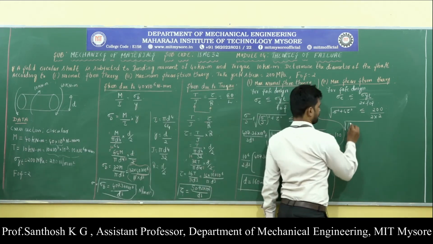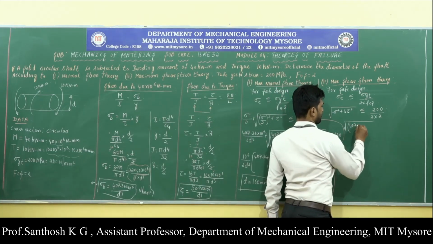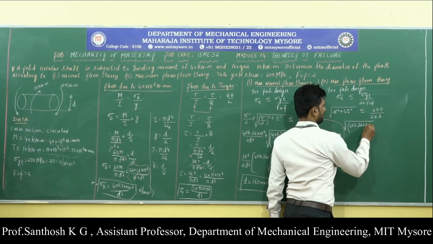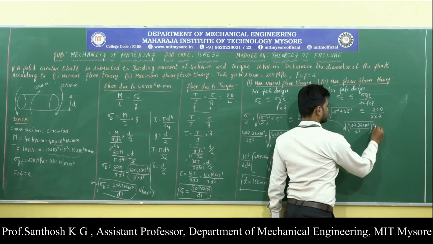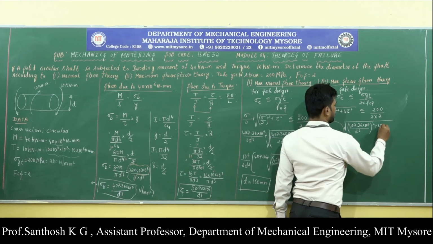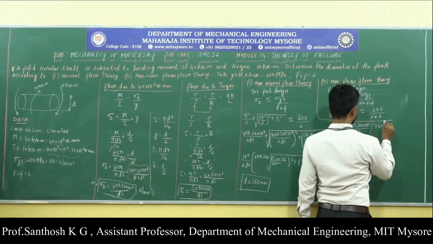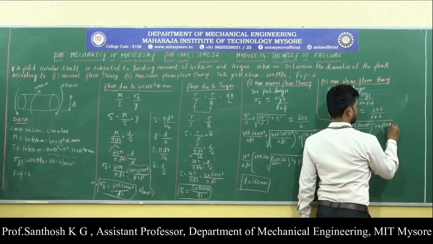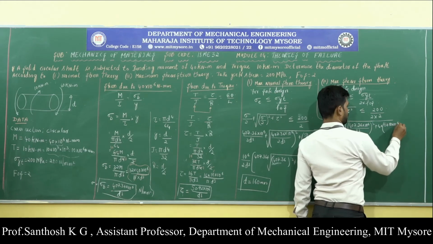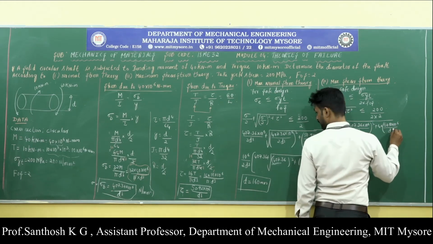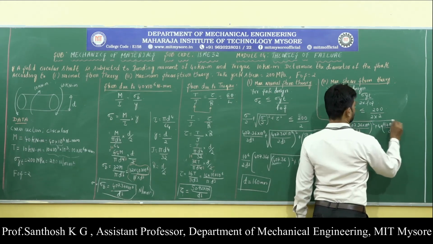The value of sigma is again 407.36 into 10 to the power of 6 divided by d cube, whole square, plus 4 times the value of tau, which is (50.92 into 10 to the power of 6 divided by d cube) whole square.